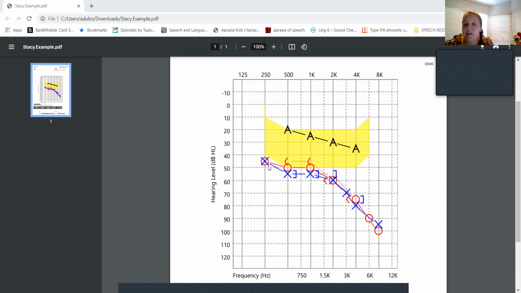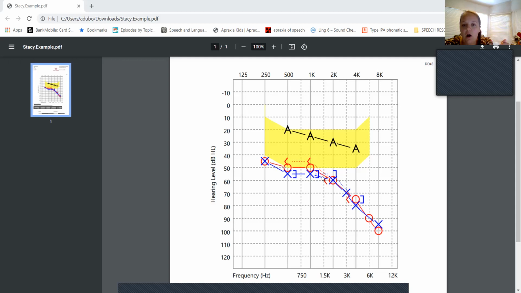And so we see that at 250 hertz, it had to be at 45 decibels for her to hear it. So at 250 hertz, the quietest it could be was 45 decibels before she responded to it.